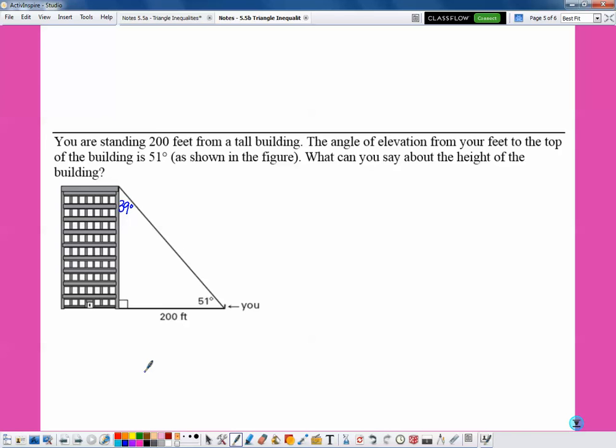In the last lesson, we talked about how the smallest angle was across from the smallest side. So we know this side with the 200 feet is the smallest.